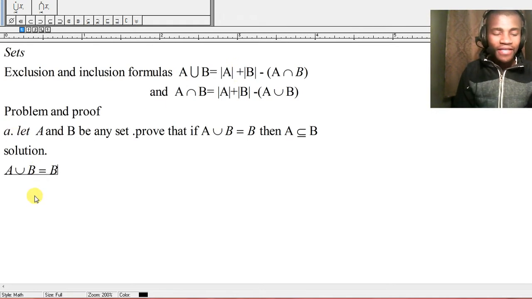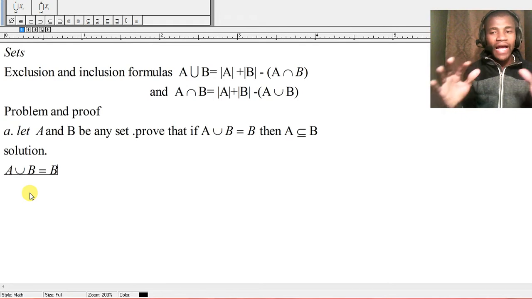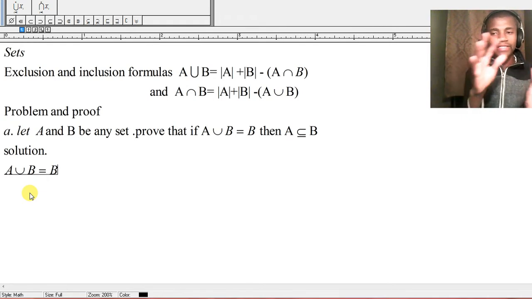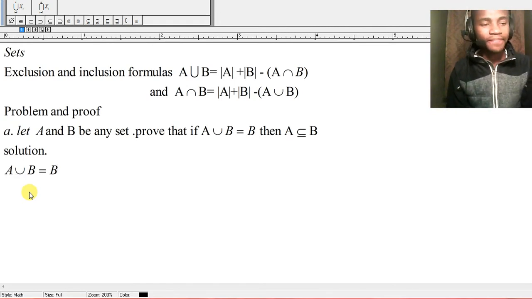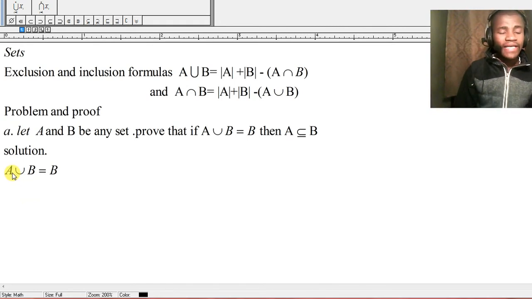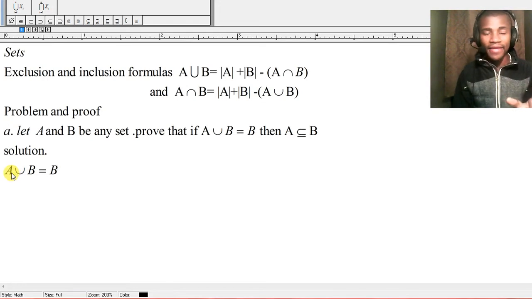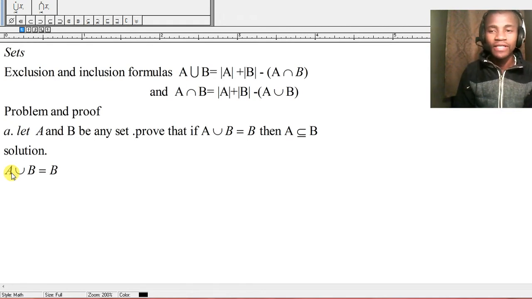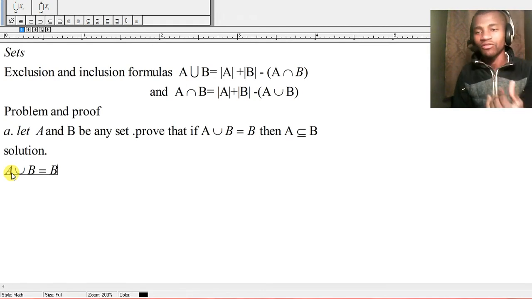So if we combine the steering wheel with the car, or put the steering wheel back to the car, then we should get a car. That's what they are trying to say. If we combine A with B, then it should give us B, which means A is part of B.